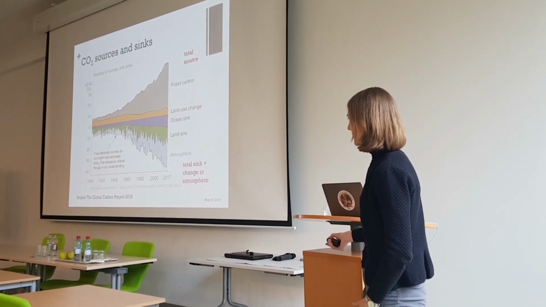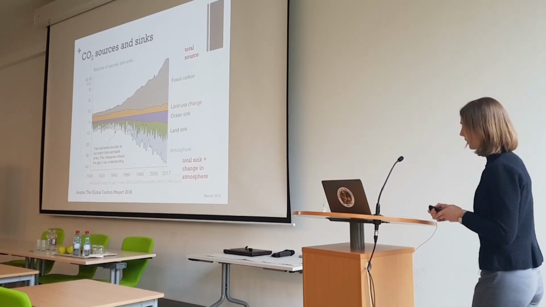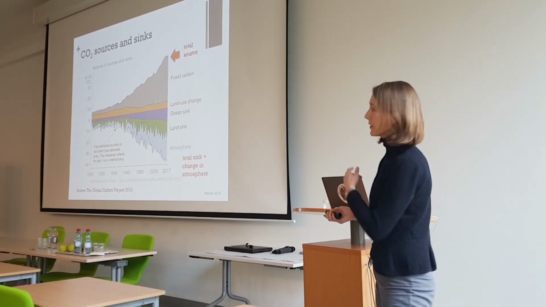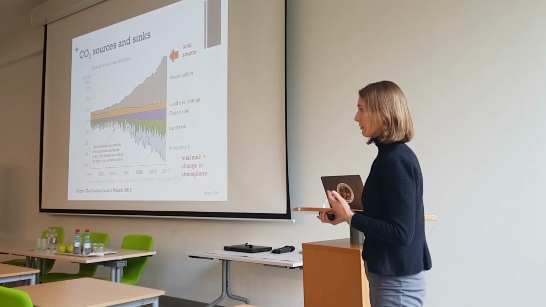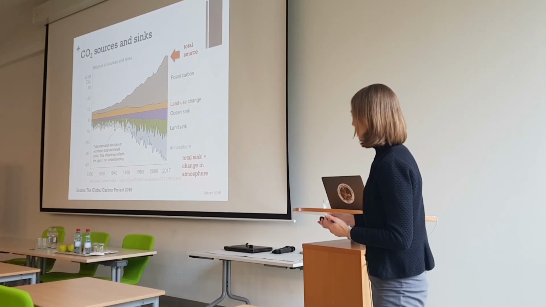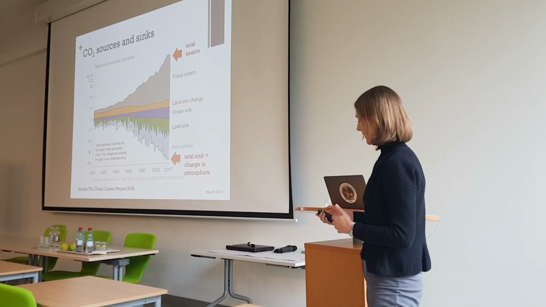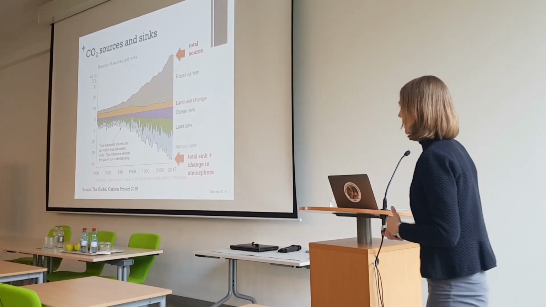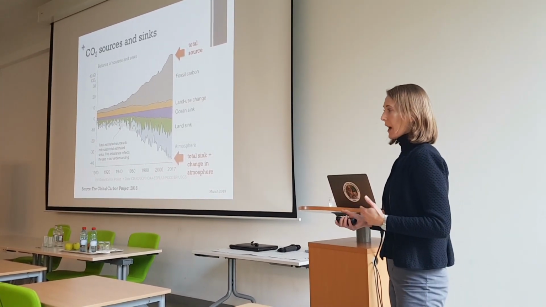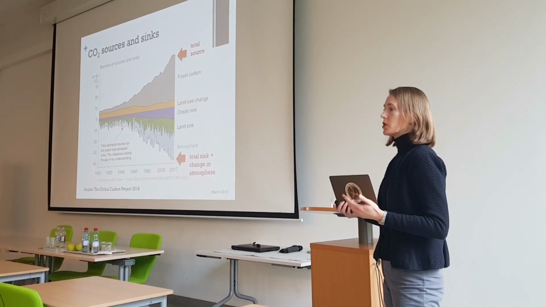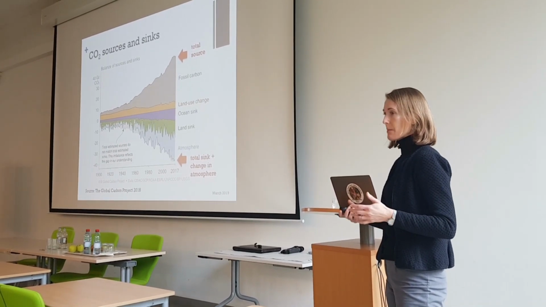And that balances. The total source is about 40 gigatons of carbon dioxide, and then you have the total sink, which is balancing. But you also see in the sinks there's a lot of variability from year to year. That is determined by the land sink, which is changing due to climate variability.